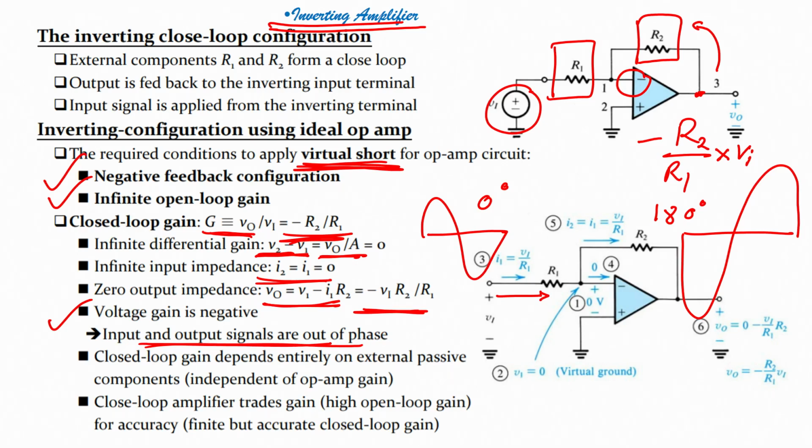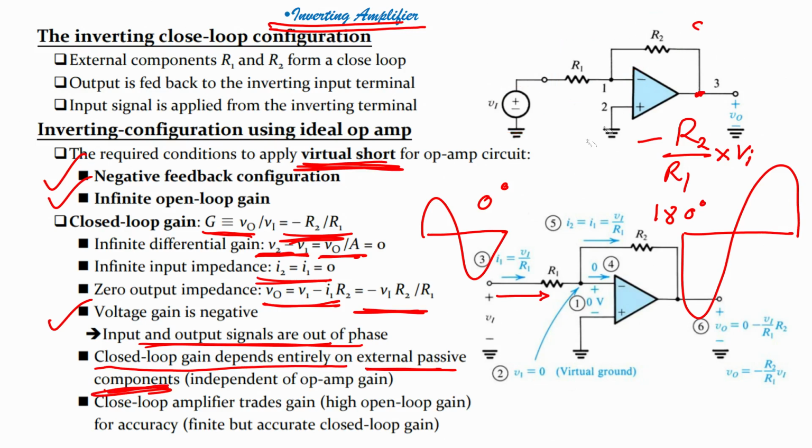Next, closed loop gain depends entirely on external passive components, right. Why? Because we have R2 and R1; R1 is a resistor, R2 is a resistor, and these are externally connected to the op amp, that is why they are external passive components.